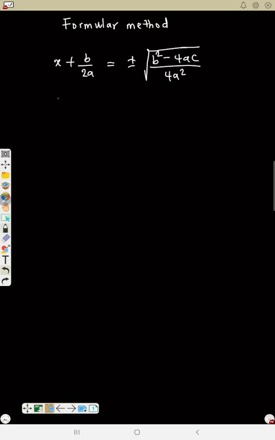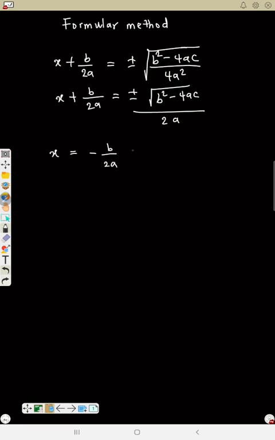Now this becomes x plus b over 2a equals plus or minus square root of b squared minus 4ac, everything over 2a, as in 4a squared becomes 2a. Now take that one to the other side. So x is minus b over 2a plus or minus square root of b squared minus 4ac, everything over 2a.